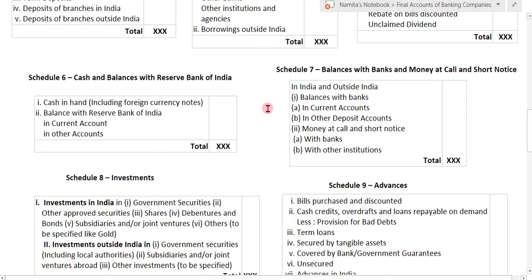Next is schedule number 7, that is balance with banks and money at call and short notice. Whatever the balance the bank is having with other banks, it is to be recorded in schedule number 7, along with money at call and short notice.